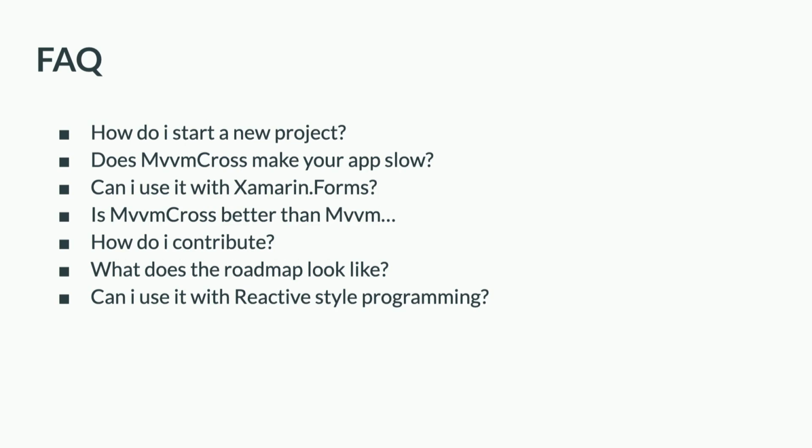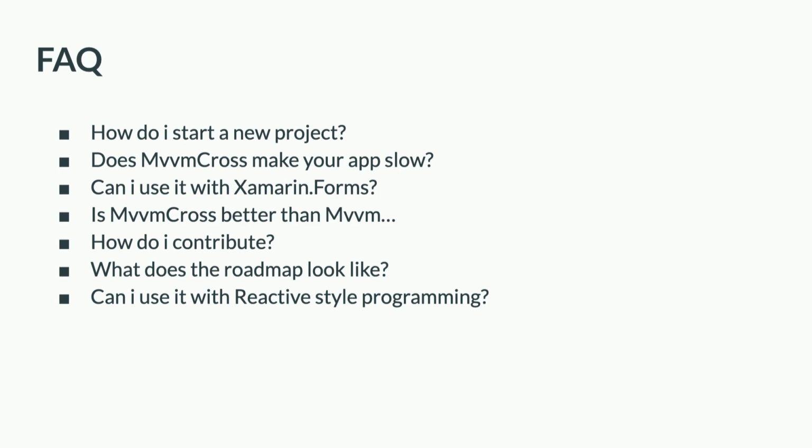Another one is, does MvvmCross make your app slow? Something I've heard quite sometimes, because people look at the repository. MvvmCross has a bit more lines of code than, say, Prism or MVVM Light. The problem is, it doesn't make your app slow or any bigger, because Xamarin has the tools to prevent that.